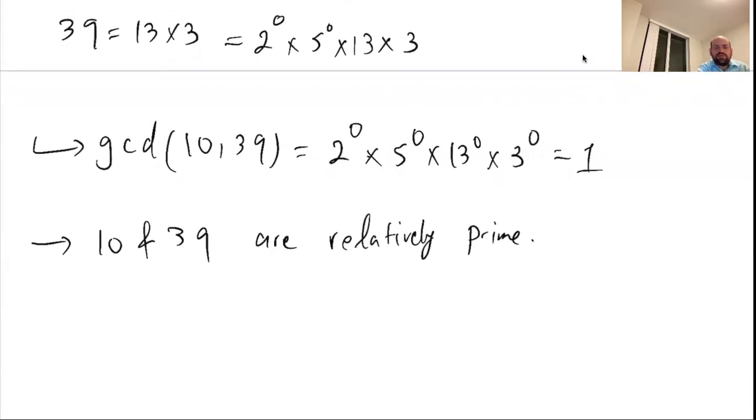Okay. Now, another example. Let A equal P, a prime number.